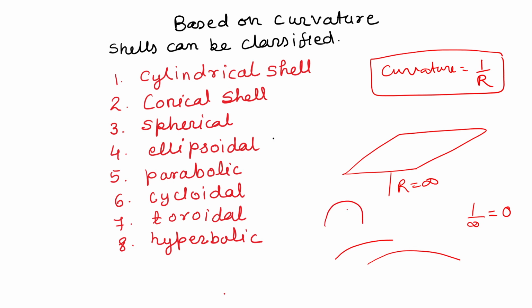If it is deep, near, like a very small circle, it is a measure of deepness, whether the shell is deep, shallow or flat. So based on the curvature, we can define cylindrical shells, conical shells, spherical, ellipsoidal, parabolic, cycloidal, toroidal and hyperbolic shells. So these are different types of shells.